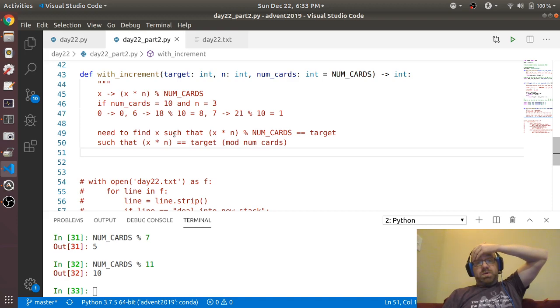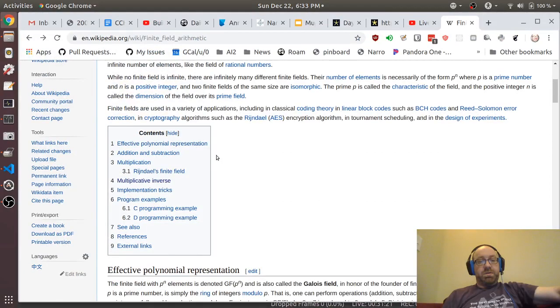And equals target modulo number of cards. Yeah, so that's going to be really hard. So let me think if there's a different way to do this.